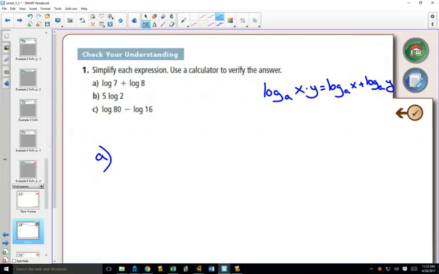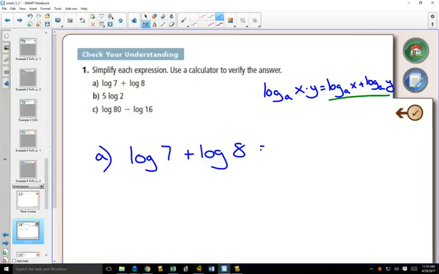Since you're adding 2 logs together, and both have the same base of 10, you basically have the right-hand side of this formula. And just like identities, if you have the right-hand side of a formula, you can write it as the left-hand side.